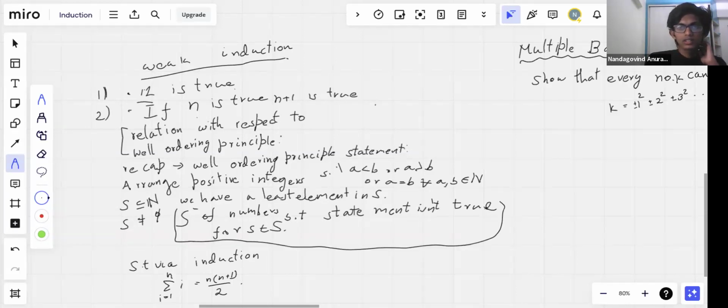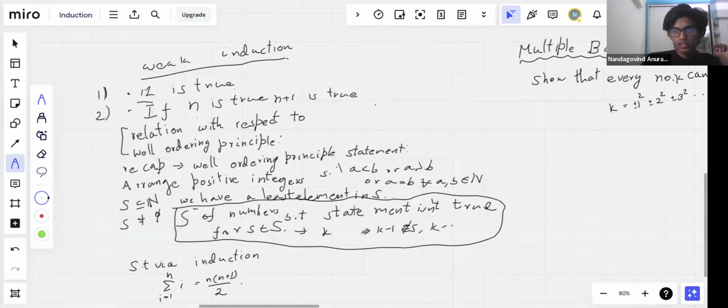We have that one is true, so one does not belong to capital S. Assuming that capital S is non-empty, it has a minimal element k, which implies that k minus 1 is a natural number not in S. K minus 1 belongs to natural numbers because k is not 1, because 1 is already true.